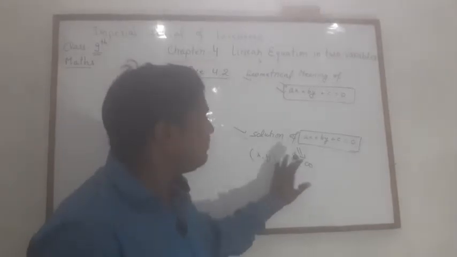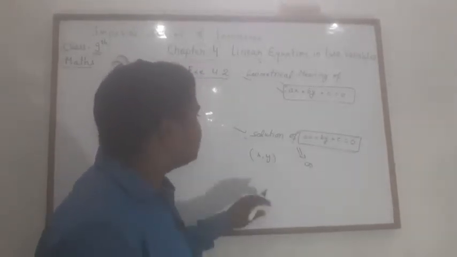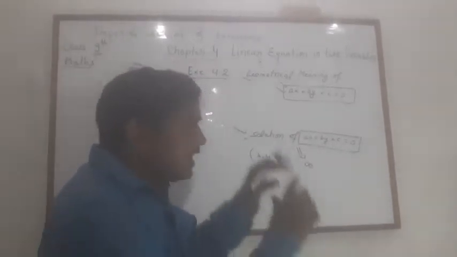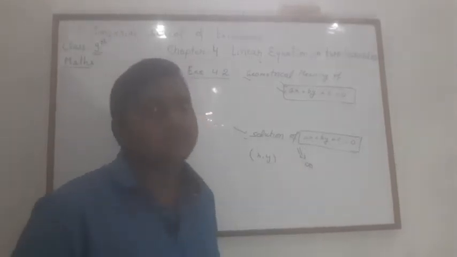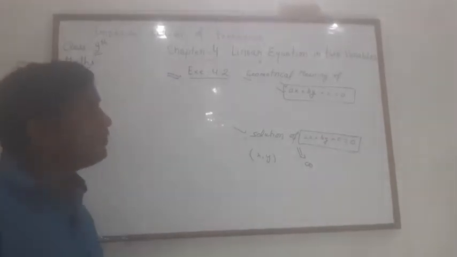Values of x and y which satisfy this equation means that when we put the value of x and the value of y in this equation, then LHS will become RHS. I hope you understood what I am telling you. So these are the two terms, and now we are moving to the exercise.